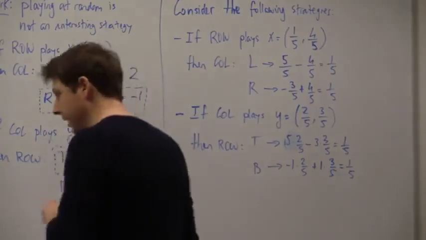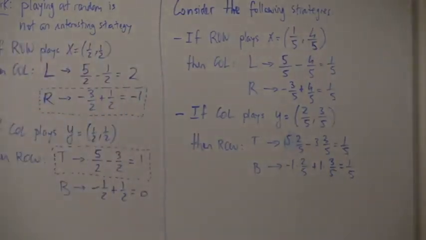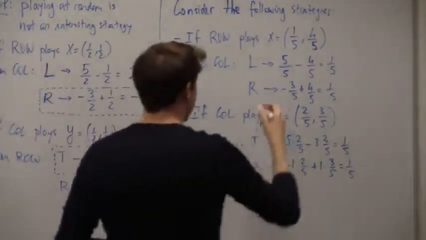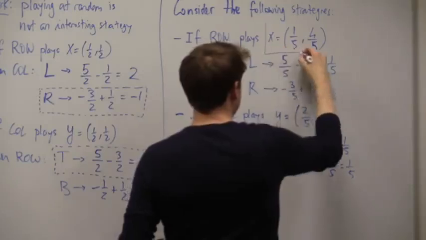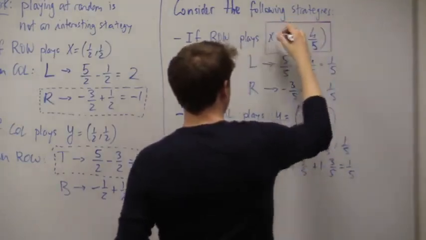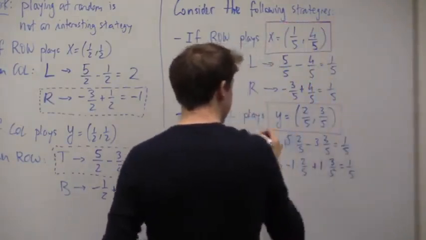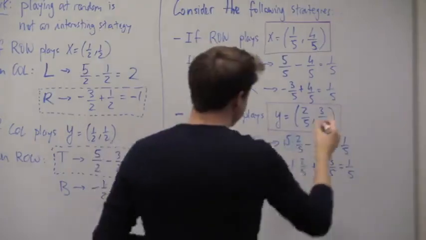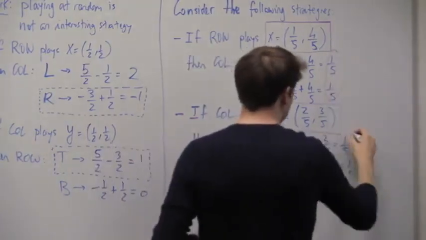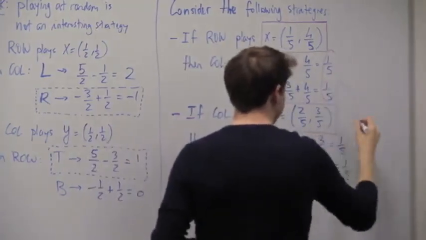So now notice that something similar as we've seen before happens. If either player plays this magical strategy, then they are able to force the same value for the outcome of the game.